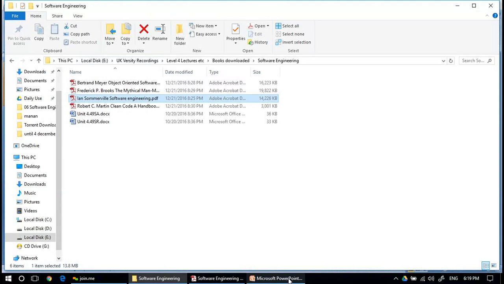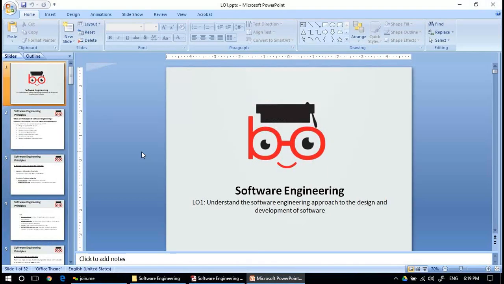So software engineering itself is related to system and software engineering. It is not restricted to the software, but is also related to system development. And obviously the system is composed of certain hardware as well as software.